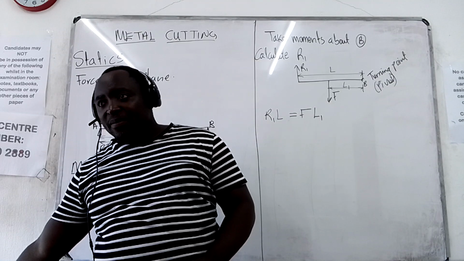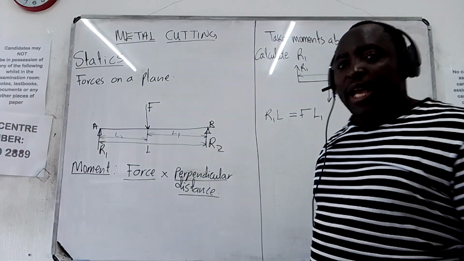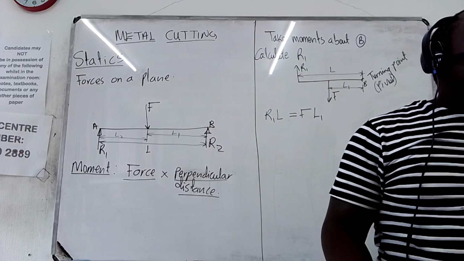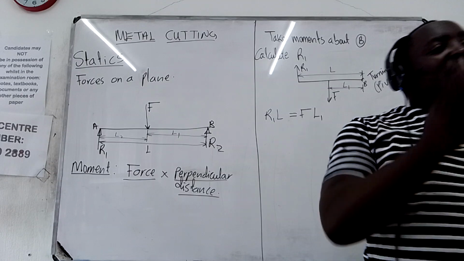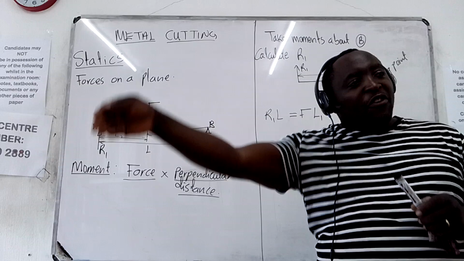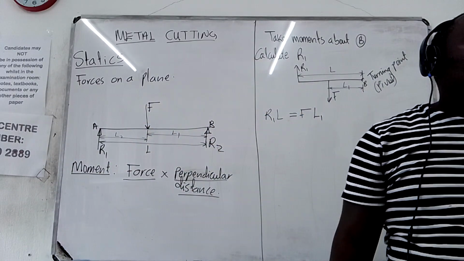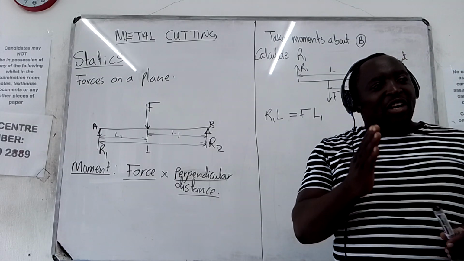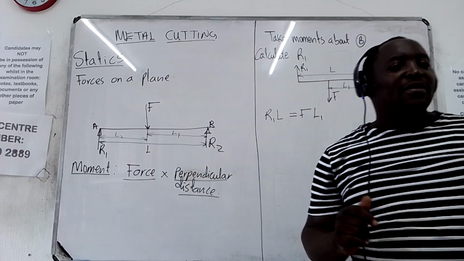Is that clear? Any questions? Sir, the reaction R1, we multiply with the length from the pivot to where it is acting. Yes. And F we multiply with the length from where F is acting to the pivot. Yes.